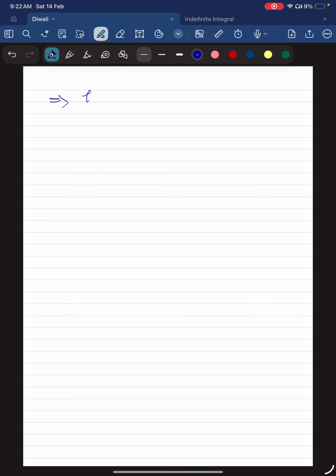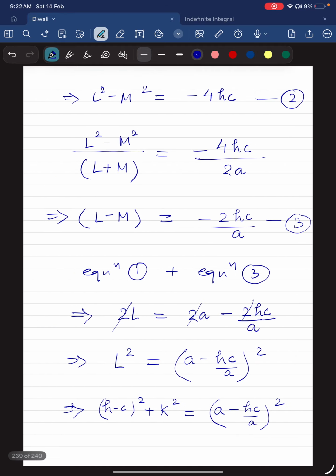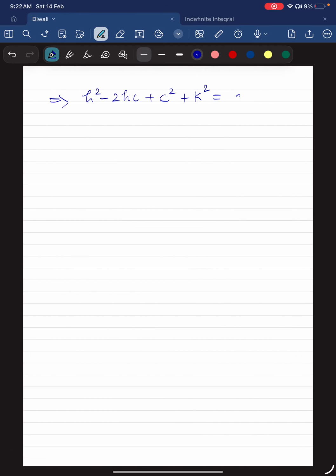This implies H square minus 2HC plus C square plus K square is equal to A square minus 2HC plus H square C square upon A square. I think minus 2HC and minus 2HC gets cancelled out.